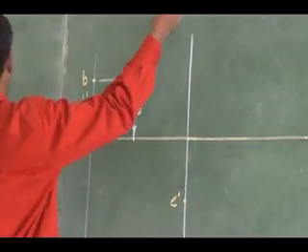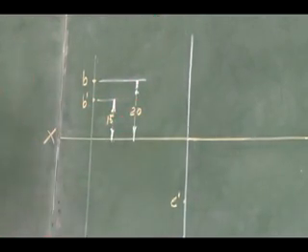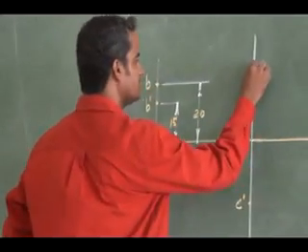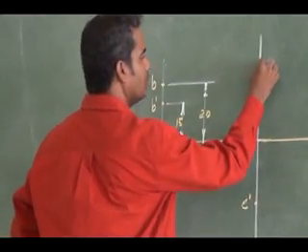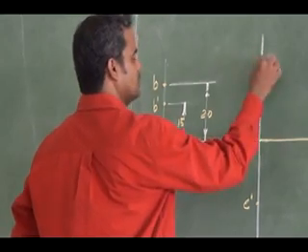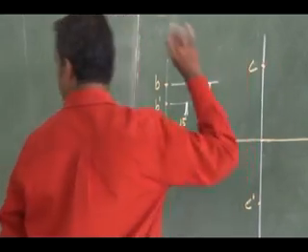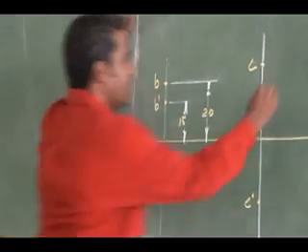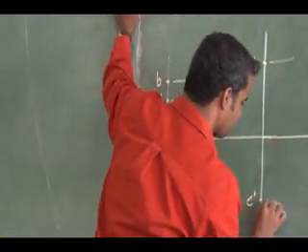And b is 30 mm above the reference line, so it is going to be this much distance. This is my b. Is it clear? So I have to dimension this.